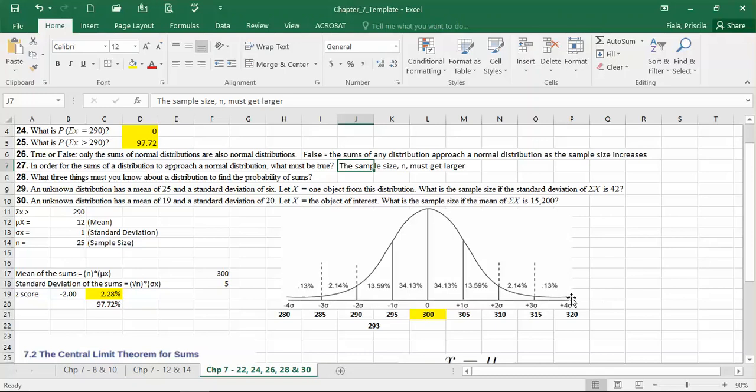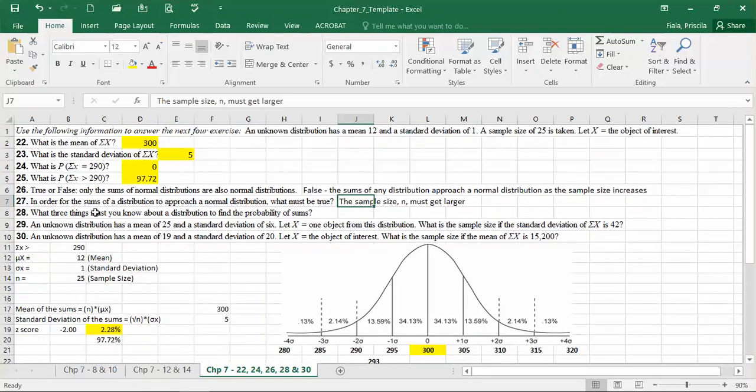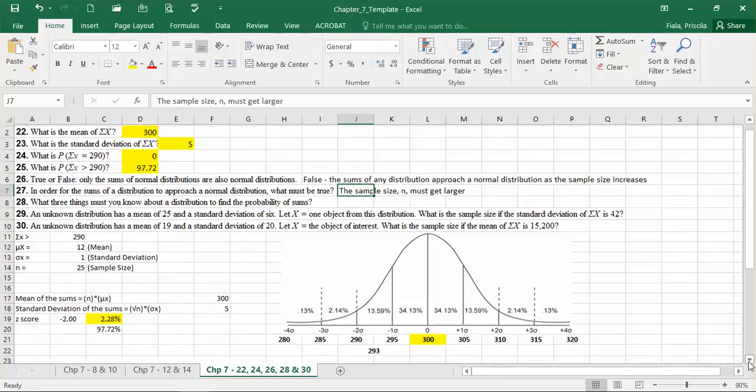Then you were asked for 28. What three things must you know about a distribution to find the probability of the sums?